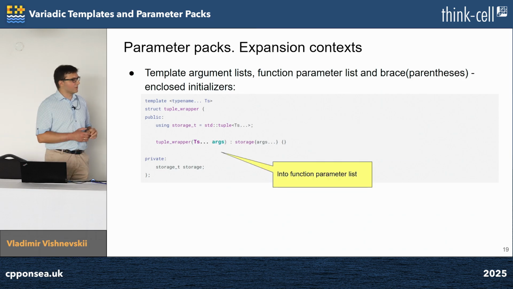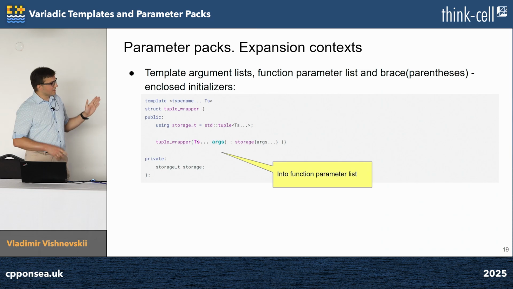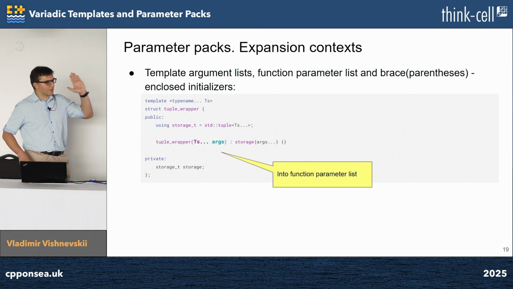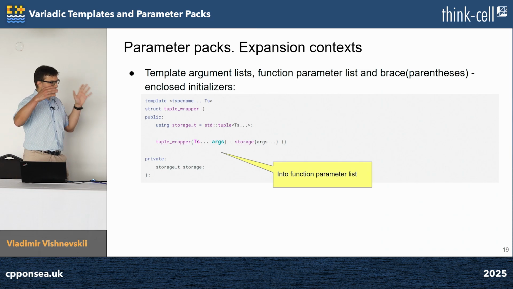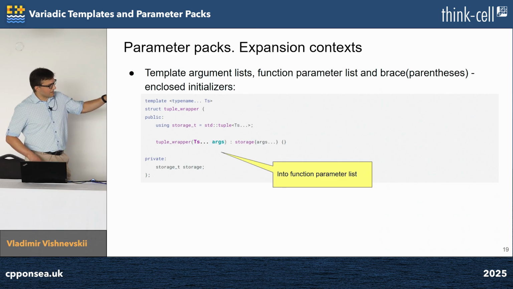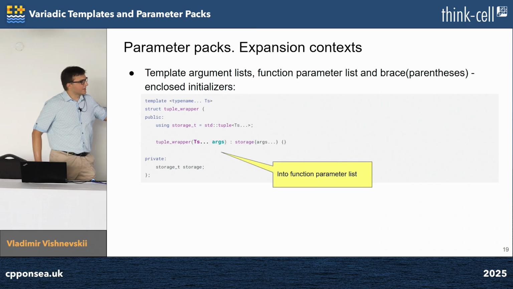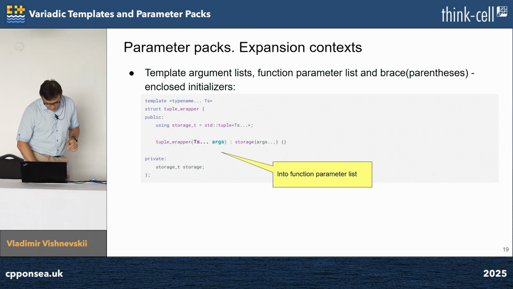The next expansion context is a function parameter list. So here is the tuple wrapper constructor. We will need to propagate the values with which we will construct our wrapper into our storage. We use our pack and expand it into the constructor parameter list here. And this would basically generate for us the set of parameters of the function based on the types with which the wrapper will be instantiated.